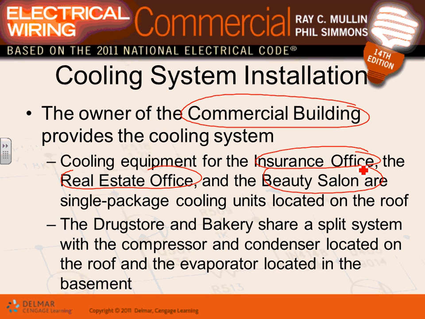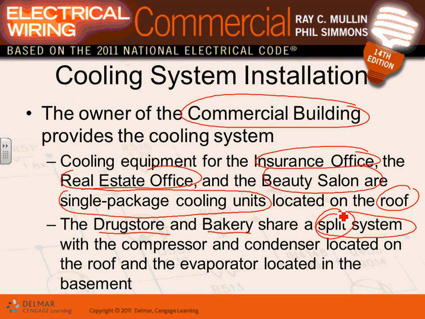This system is called a single packaged cooling unit, located on the roof. It's like a window air conditioner, very similar, a single packaged rooftop unit, and it throws the air right there. The drugstore and the bakery, on the other hand, share a split system. Can you guys see the word split instead of single package?